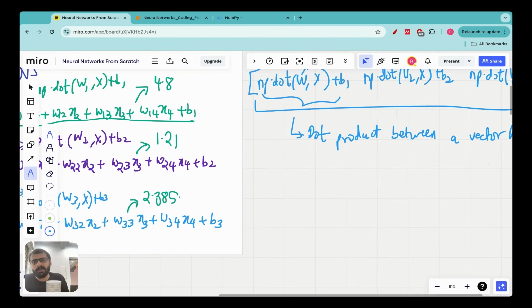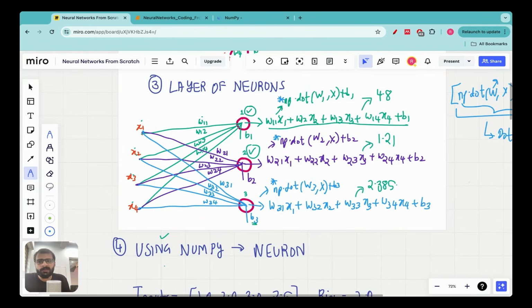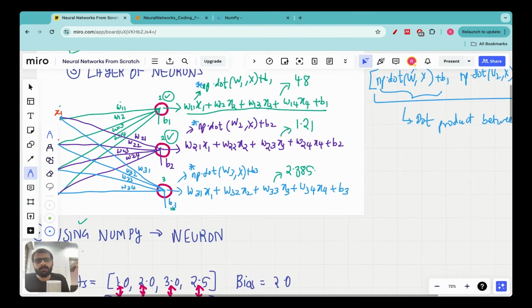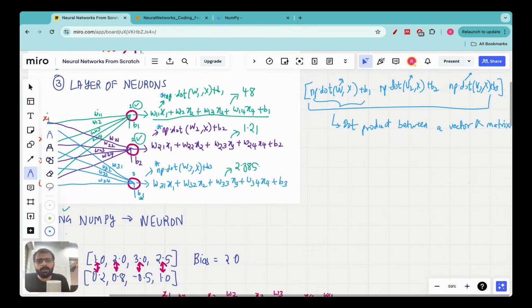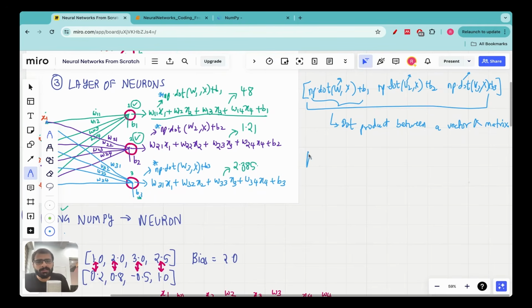So in particular, let me try to motivate this further. What if I write my W matrix, which is the weight matrix, as something like this: W11, W12, W13, W14, W21, W22, W23, W24, and W31, W32, W33, and W34.